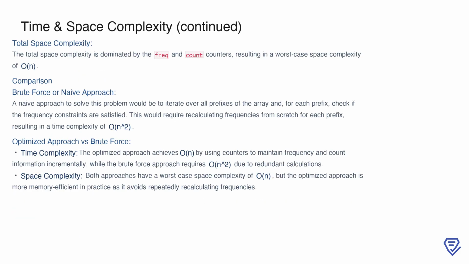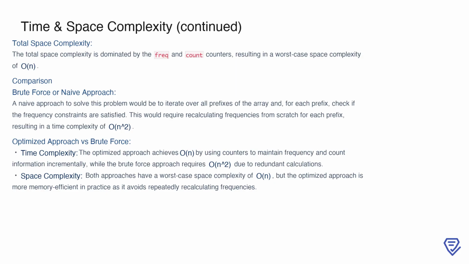When we sum up the contributions to space complexity, both the frequency and count dictionaries dominate, resulting in a worst-case space complexity of O(n). Comparing this optimized solution to a brute force approach, the naive method would involve recalculating frequencies from scratch for every prefix of the array. This would result in a time complexity of O(n squared), as it performs redundant calculations for each prefix.